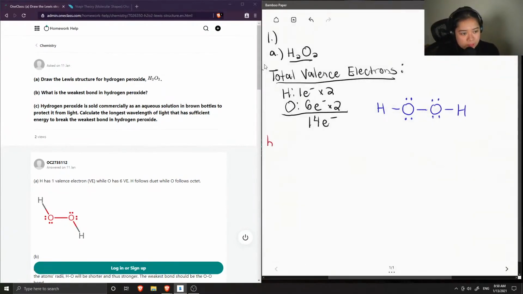Okay, so the second part of the question says, what is the weakest bond in hydrogen peroxide? Okay, so hydrogen is the smallest element on the periodic table. So I'm just going to write that oxygen atoms are much larger than hydrogen atoms.